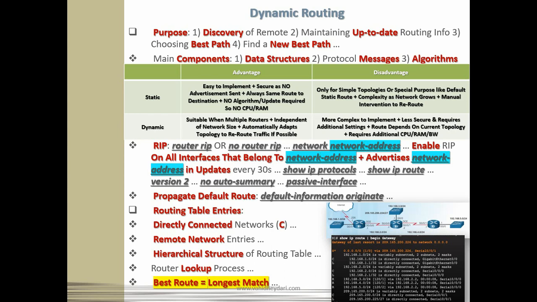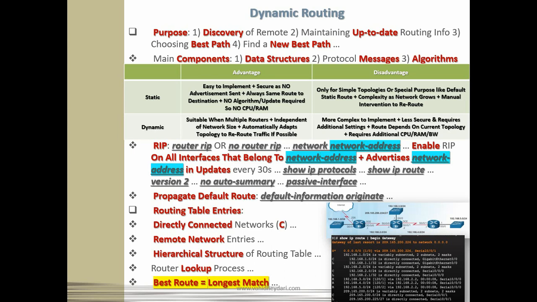The no auto-summary command, again, no auto-summary, is a router configuration mode command. It disables auto summarization. And now, if you issue show ip protocols again, you can verify that auto summarization by RIP is disabled.